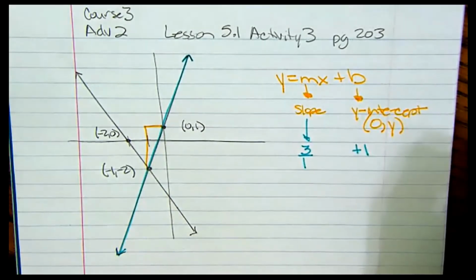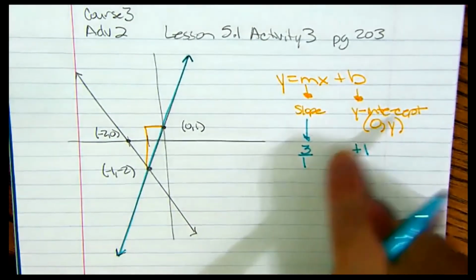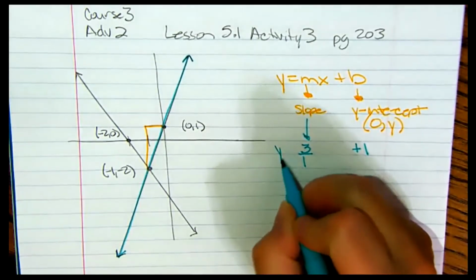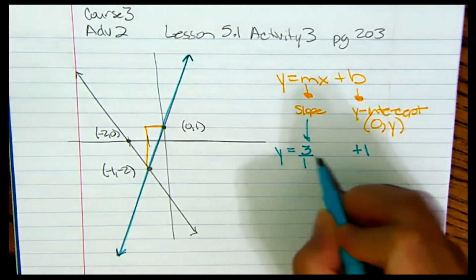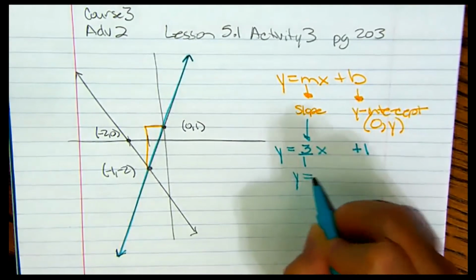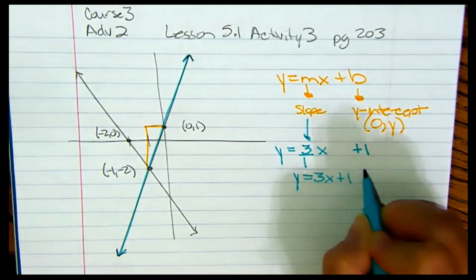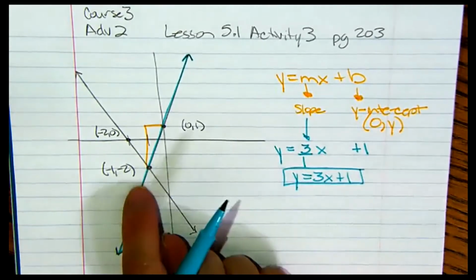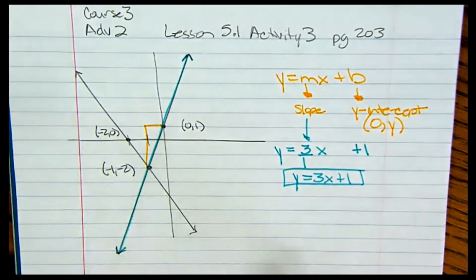My run is 1. So here's my slope. Here's my y-intercept. And then everything else we just fill in. Y equals 3x plus 1. So here's my equation. Y equals 3x plus 1. This is the linear equation for this line.